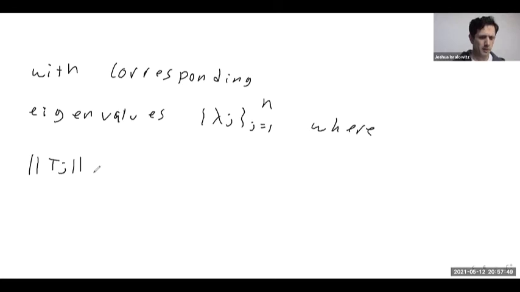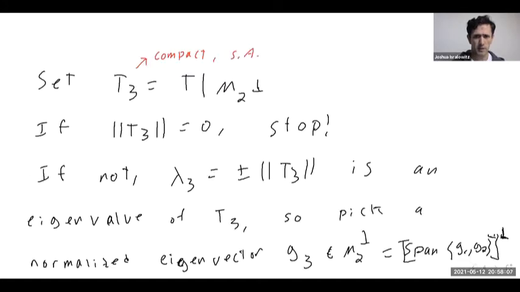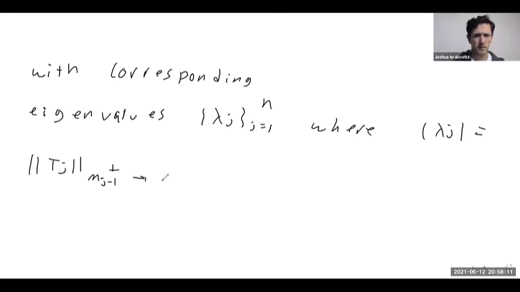So we get lambda j, whose absolute value is the norm of Tj, which goes from M j minus 1 perp to M j minus 1 perp. And this is not going to be 0 by assumption.